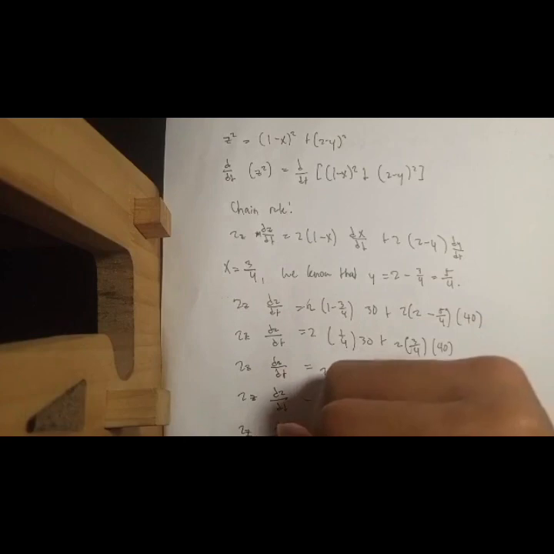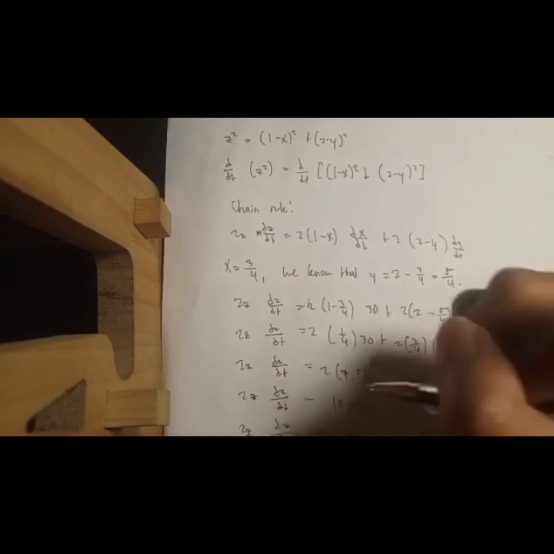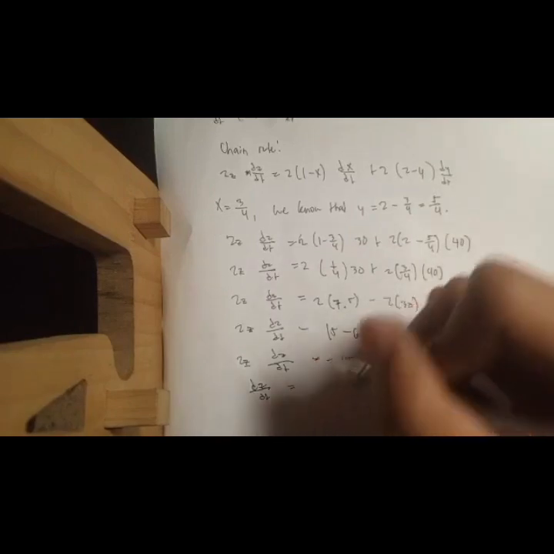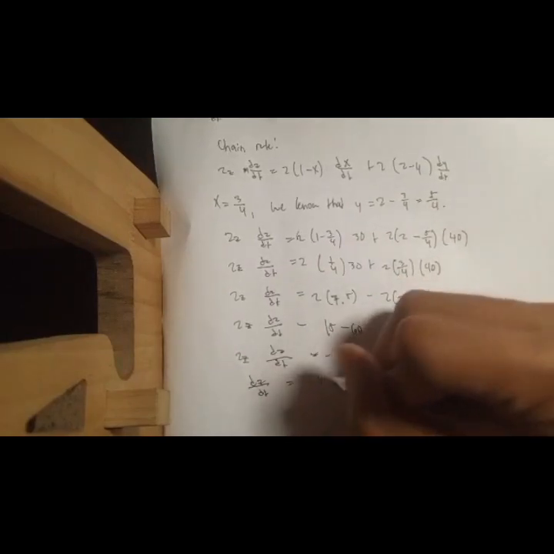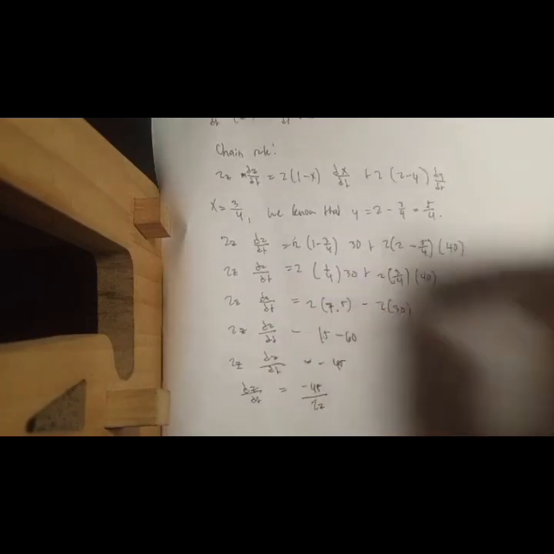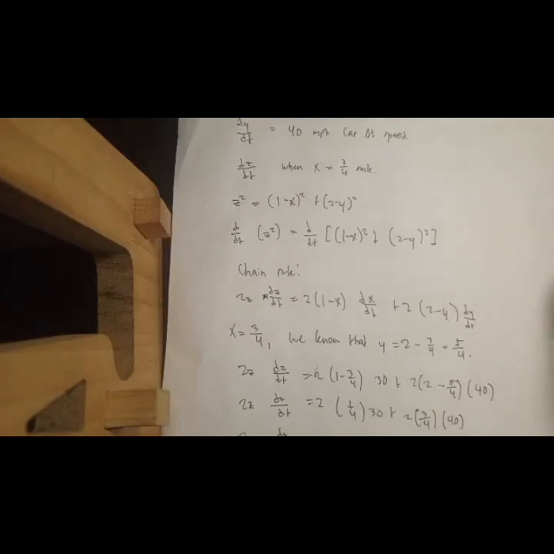Last one is dz over dt is equal to negative 45 over 2z. So now we need to find z when x is equal to 3 over 4 mile.